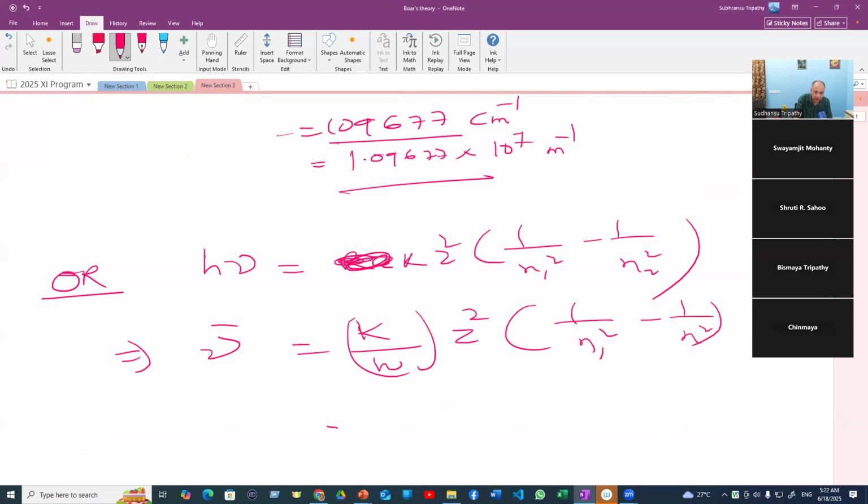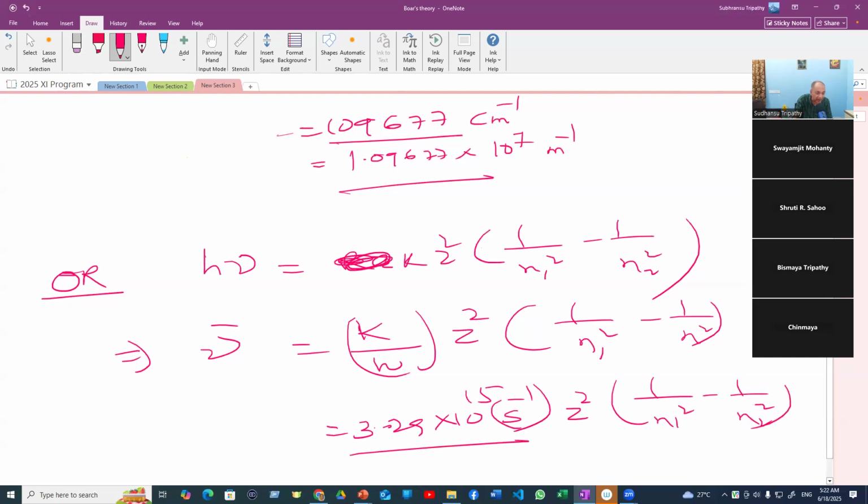So this constant is 3.29 into 10 to the power 15 second inverse. The constant has no name, but it is 3.29 into 10 to the 15.